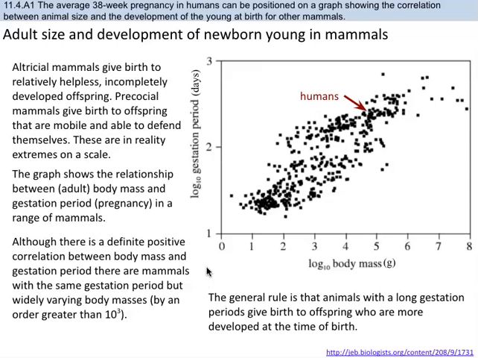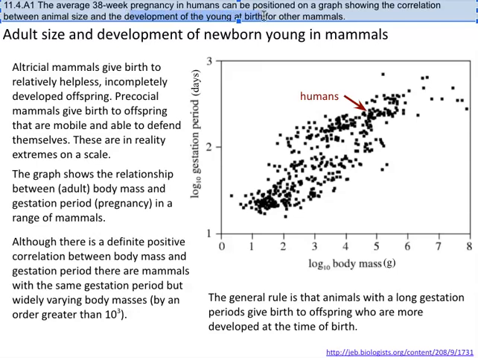Gestation period is how long it takes to give birth. As you can see, as the body mass of the adult giving birth increases, the gestation period also increases. And this gestation period is correlated with the development of the young at birth.